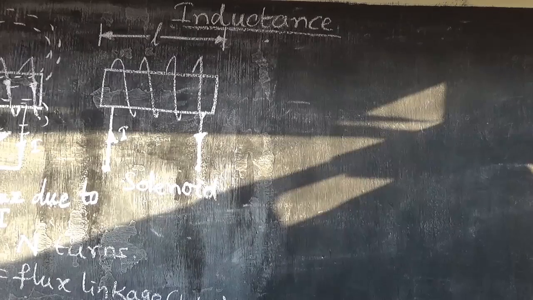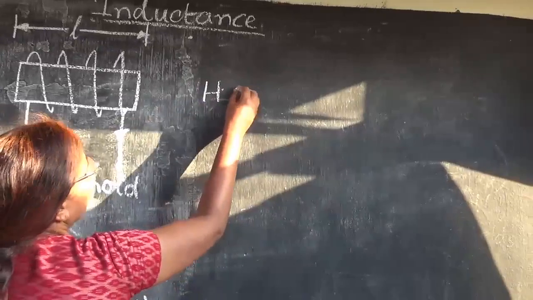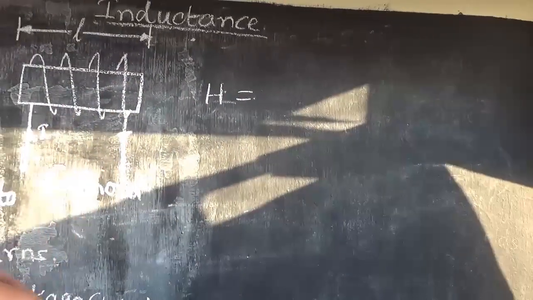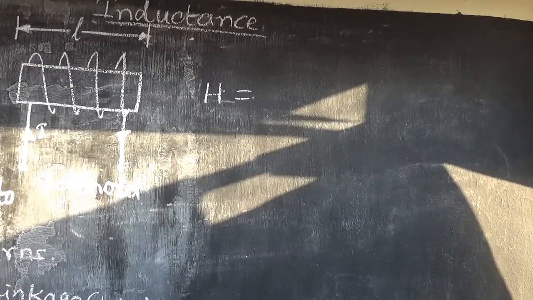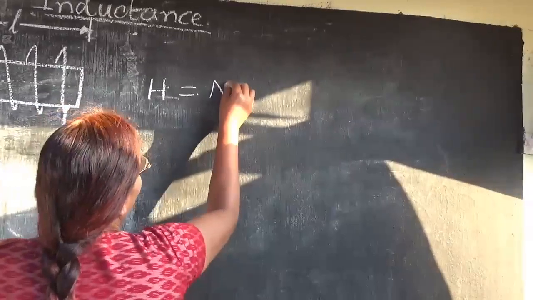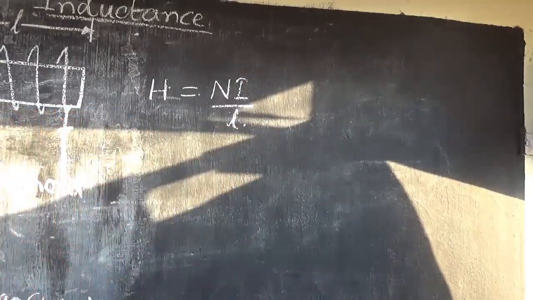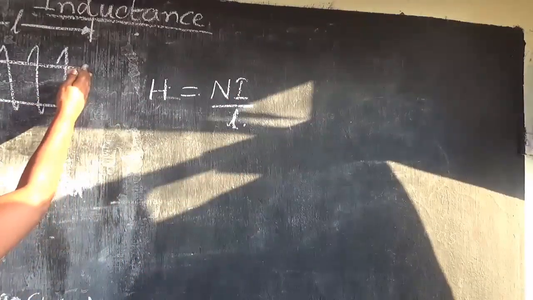So to calculate this, first we find what is the field intensity of this material. So what is the field intensity inside this material? This is going to be Ni by L. Always your field intensity will be Ni by the length.